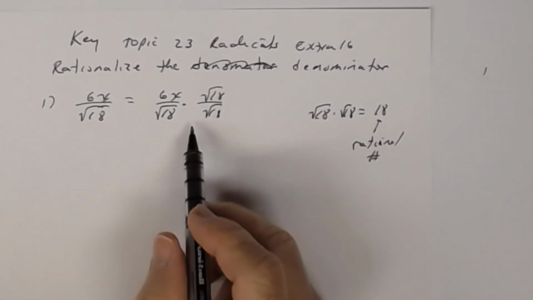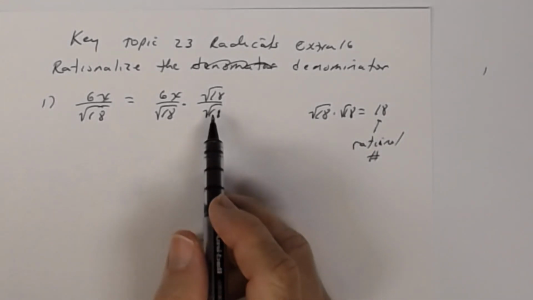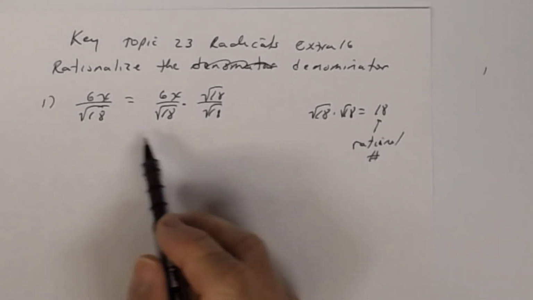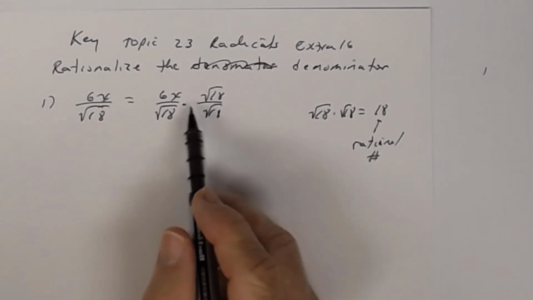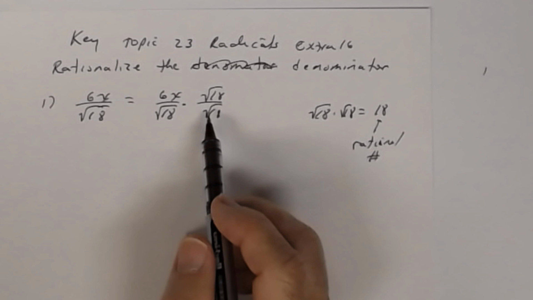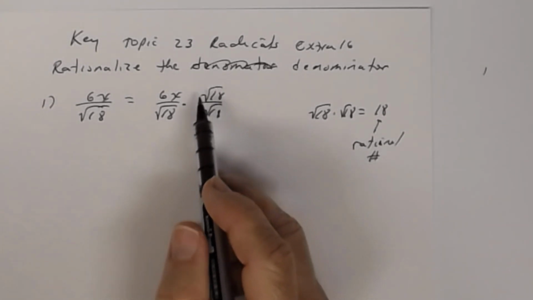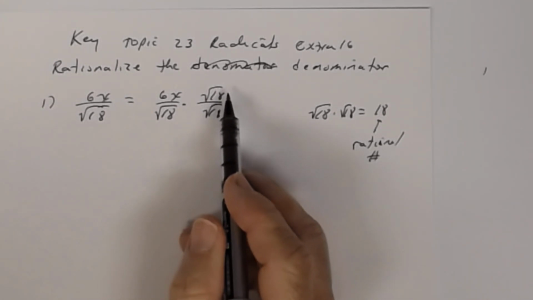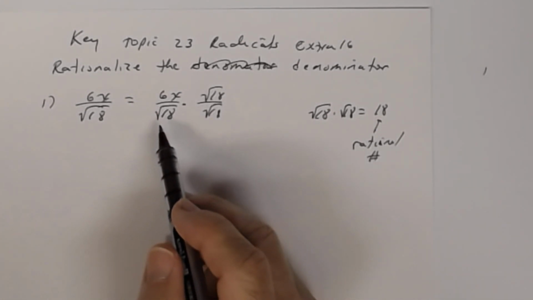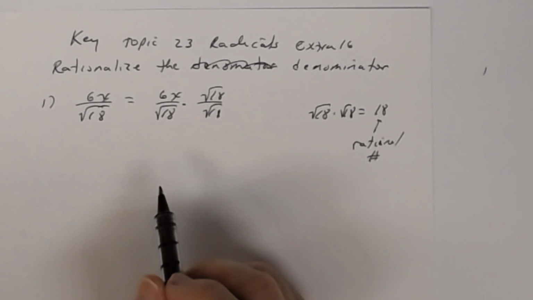We have to keep this equivalent, so the reason we multiply both numerator and denominator by that same number is to make sure this is a 1. Anything divided by itself is 1, and 1 times 6x over the square root of 18 is still the original problem.